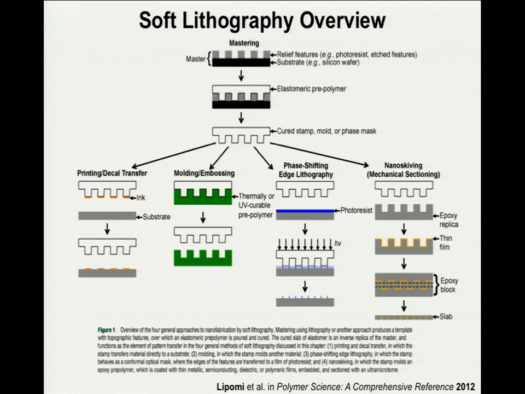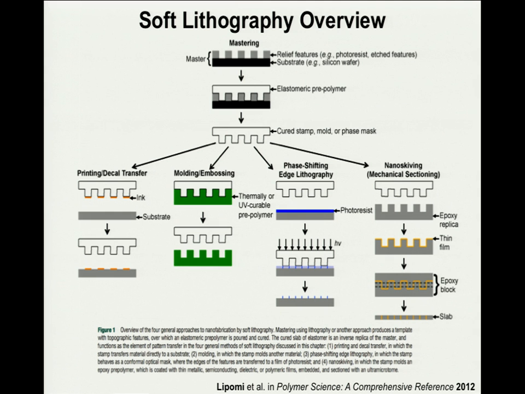But the key step here is, once we have this master, we pour a silicone rubber prepolymer on it, and then we cure it and peel it off, so that the silicone rubber polymer is now a stamp that has nanoscale features in it.